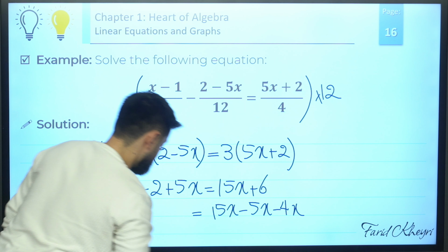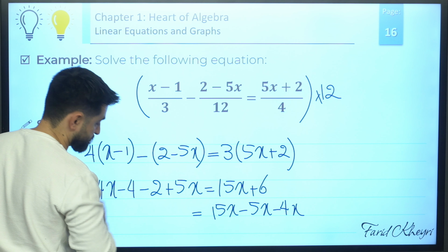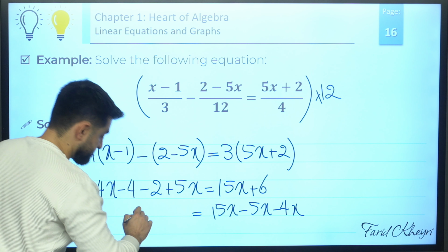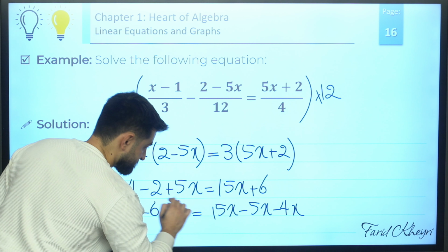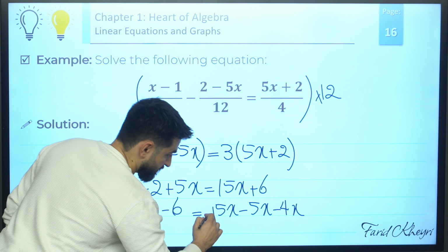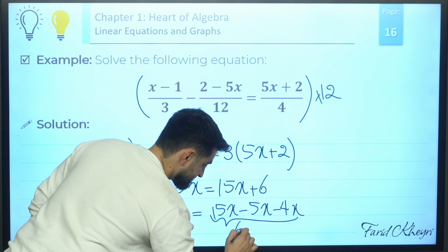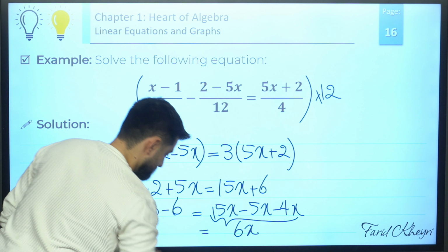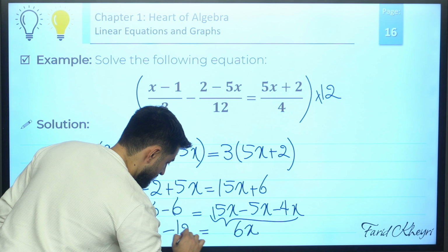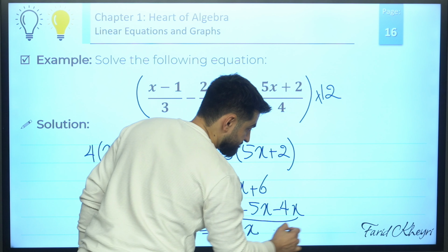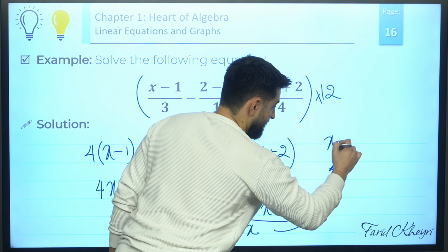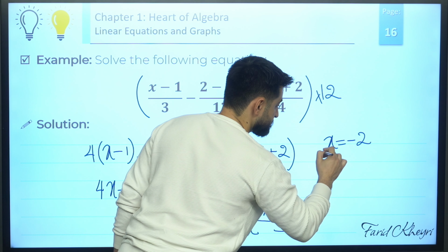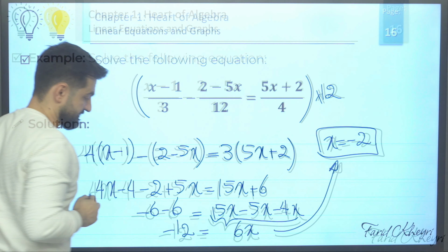And on the left hand side, minus 4 minus 2 will be minus 6. And 6 to the left hand side will be minus 6. Right hand side is 6 x's, which equals minus 12. And if we divide both sides by 6, x will be minus 2. Let's take a look at the solution.